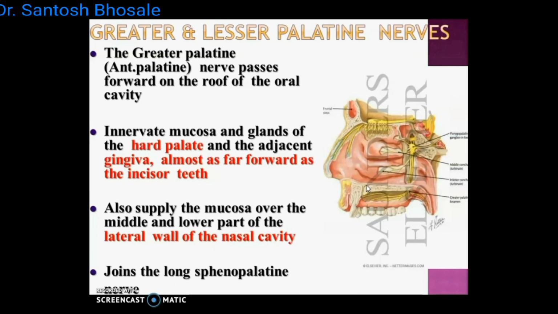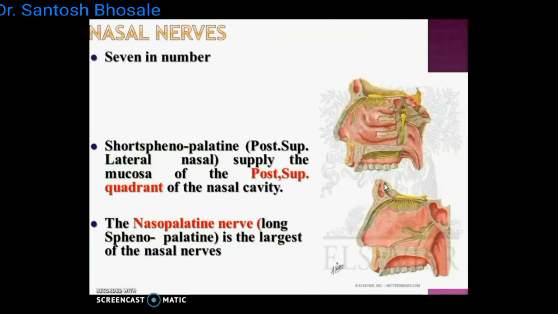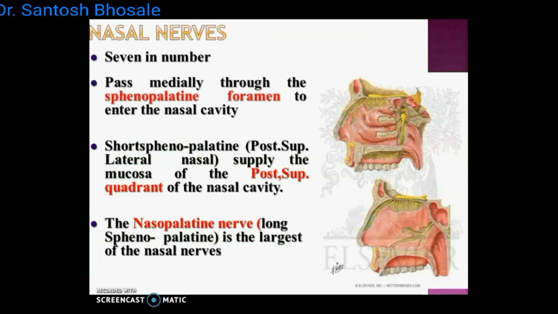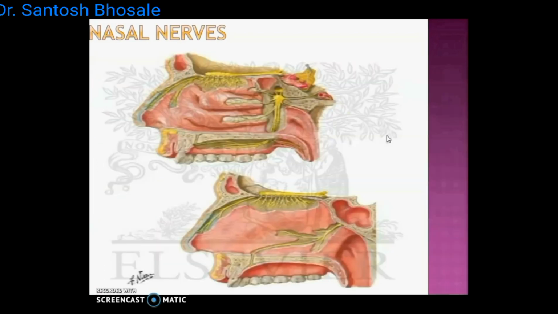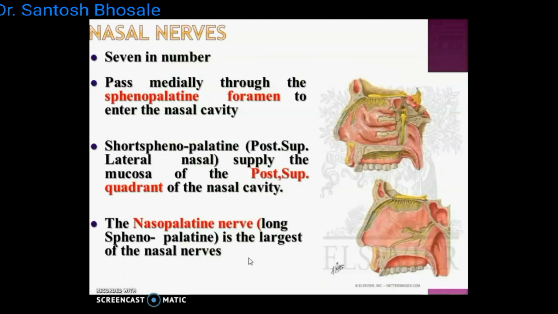It is divided into 4 quadrants, and you can see how it passes to the incisive fossa there. So the nasal nerves are 7 in number: the short spinopalatine and long spinopalatine. The short spinopalatine supply the posterior superior quadrant of the lateral wall of the nose, whereas the long spinopalatine join it by supplying the posterior inferior quadrant and join with the greater palatine nerves.